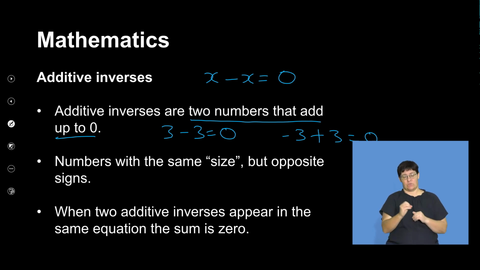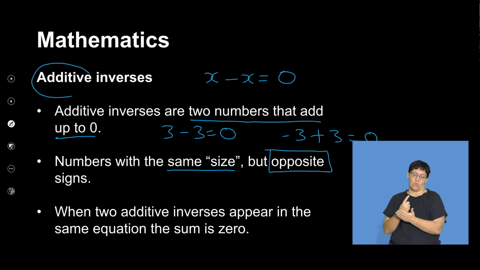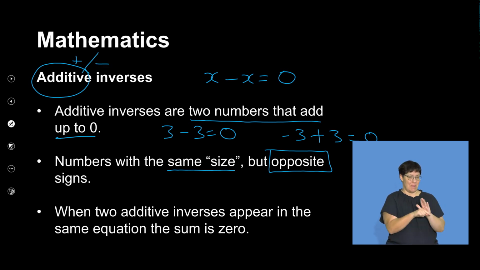These additive inverses are numbers with the same size, or a term with the same size, but the most important thing is the signs must be opposite. It can't have the same signs. One must be plus, one must be minus at all times. After all, additive inverse has to do with plus and minus only.